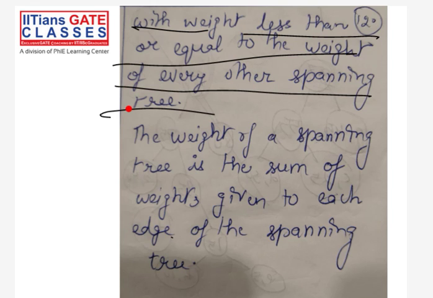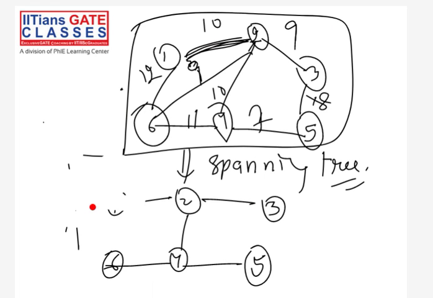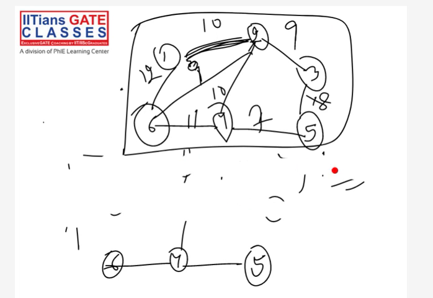Okay, so before I move to this point, let me just emphasize on this. So let's say you have this graph with you. All right, this graph is given. Let me try and draw two spanning trees. Okay, two spanning trees.